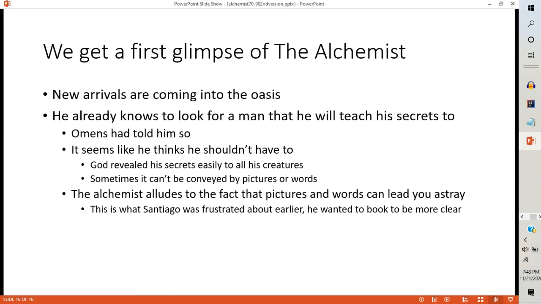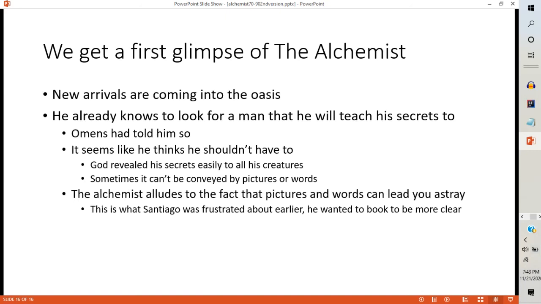It seems like he thinks he shouldn't have to. It seems like he doesn't want to teach anybody his secrets because God reveals his secrets to all his creatures. And it's funny, he says, sometimes this can be conveyed by pictures or by words. Think about the book and how Santiago is getting frustrated with the drawings, the codes.